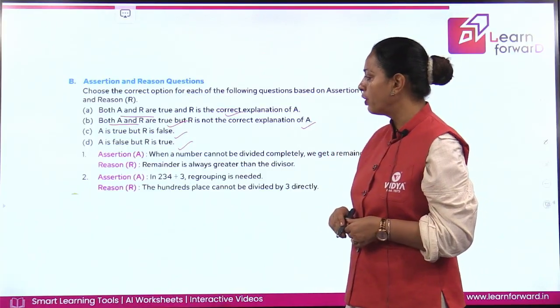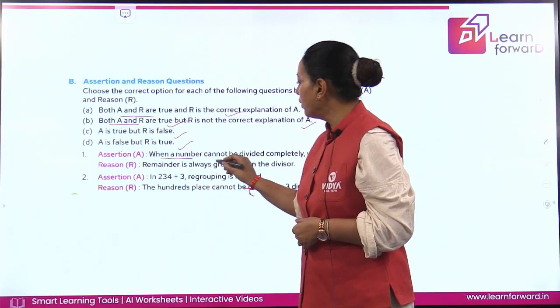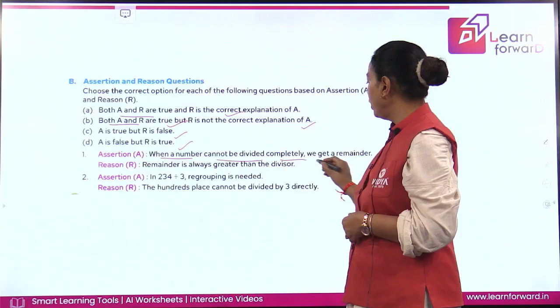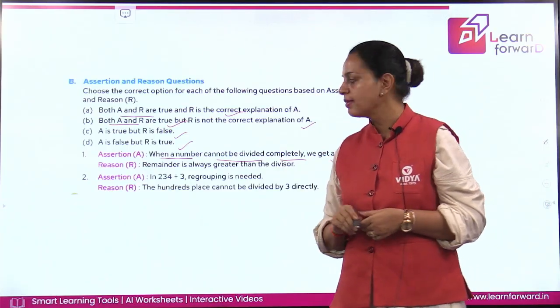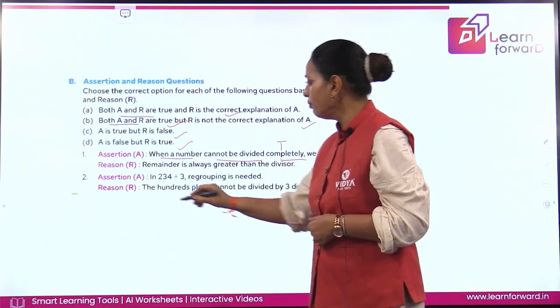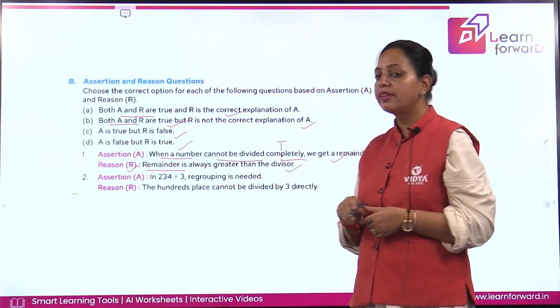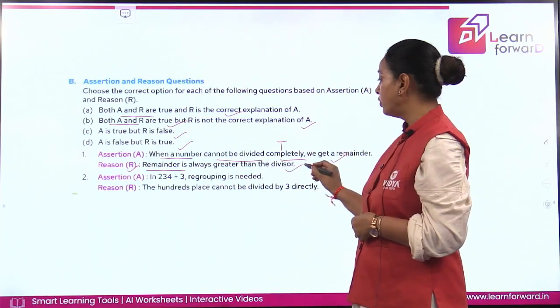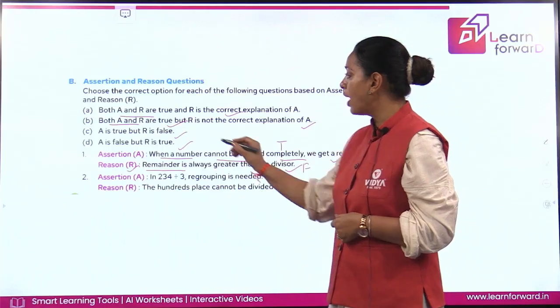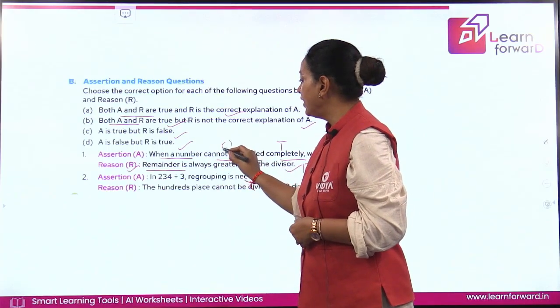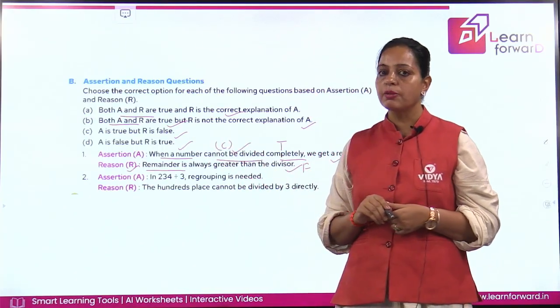The first one, assertion A, when a number cannot be divided completely, we get a remainder. Yes, this is true. Reason R, remainder is always greater than the divisor. No, this is false. So answer is C. A is true but R is false.